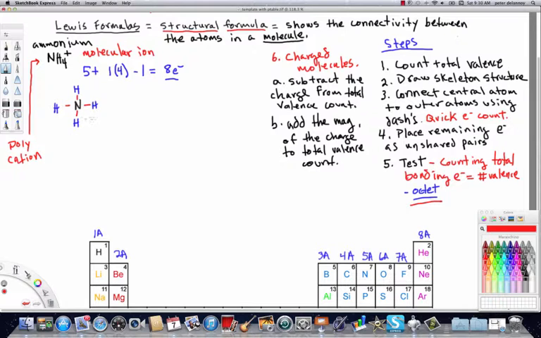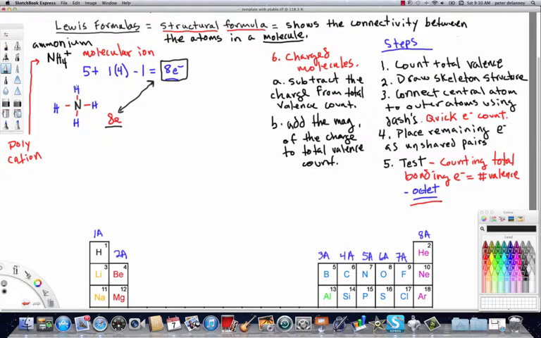We do a quick count: 2, 4, 6, 8, and we see that we're done because we have used the total number of electrons that we were given to start with. The only thing we need to be sure of is that we met the octet rule and that we have 8 electrons around the nitrogen: 2, 4, 6, 8, which we do.